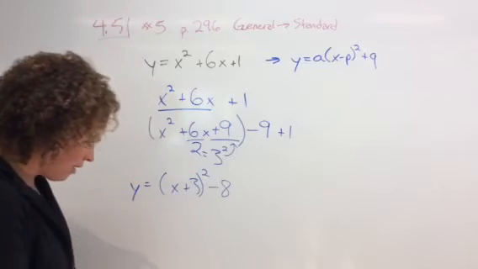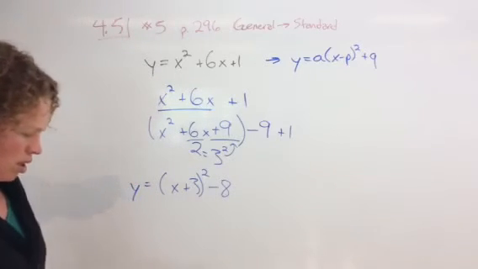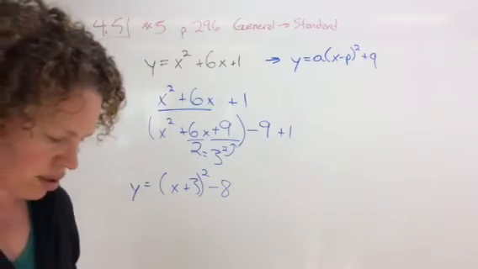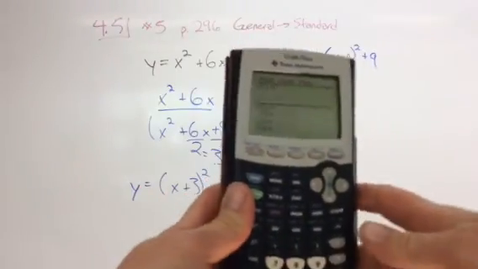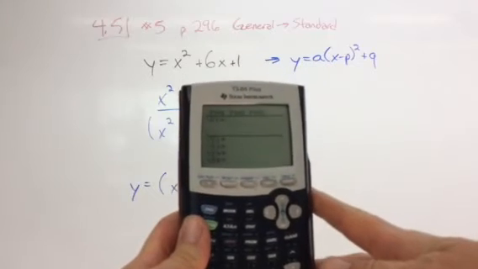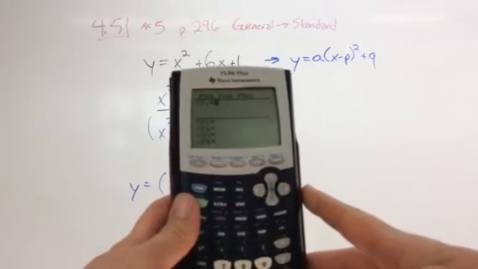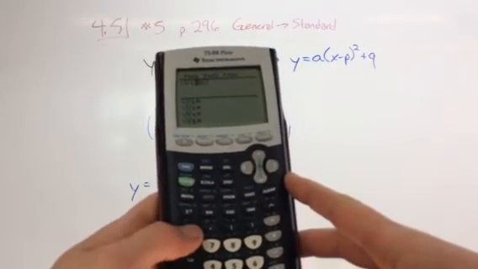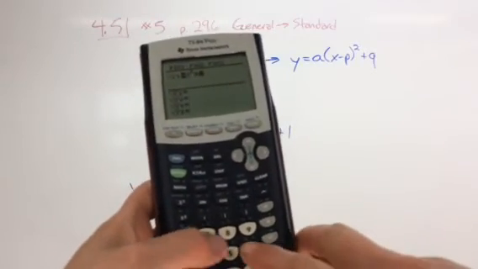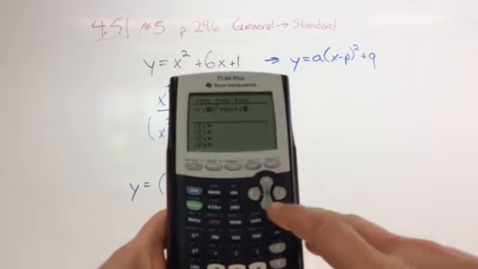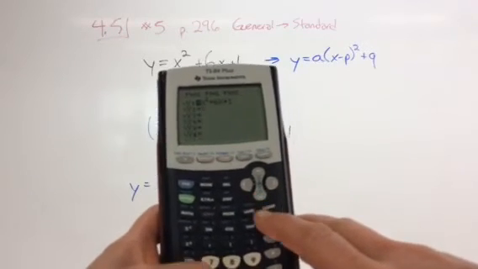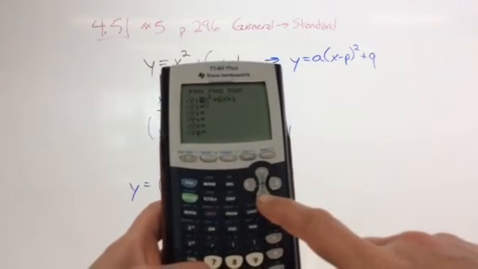I'm just going to grab my graphing calculator here, and if we turn it on, hit the y equals button. Alright, I've got my graphing calculator. I've got it on the y equals screen, and the first one I'm going to put in is x squared plus 6x plus 1. And I'm not even going to bother to graph it. I'm just going to put it down 1 to the y equals, so I just page down.